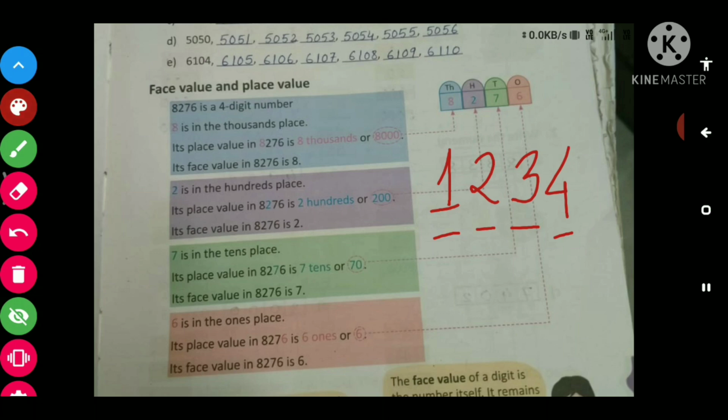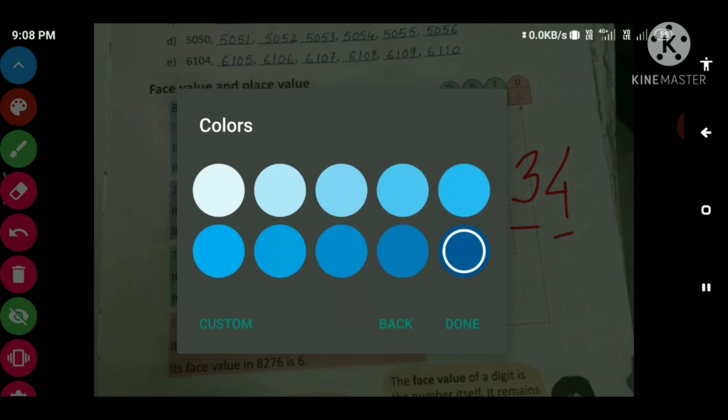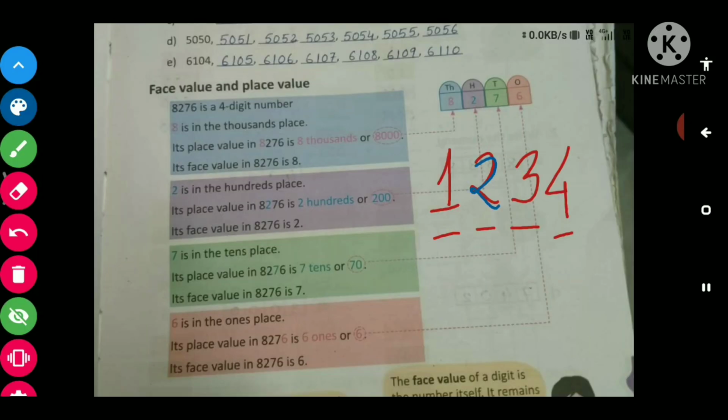So if I color one number in blue, and I ask you what will be the face value of the number that is in blue, you will tell what? 2 will be the face value. That means whatever number is highlighted, that number will be the face value.